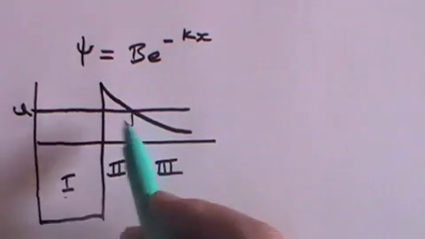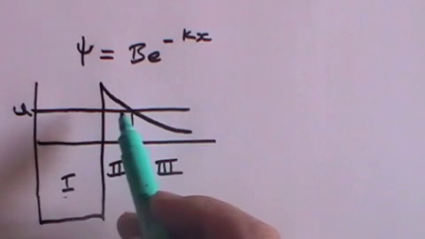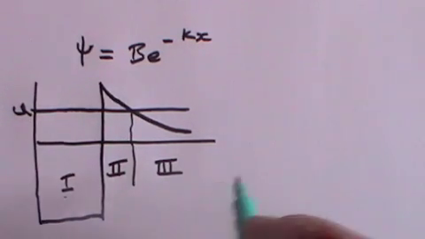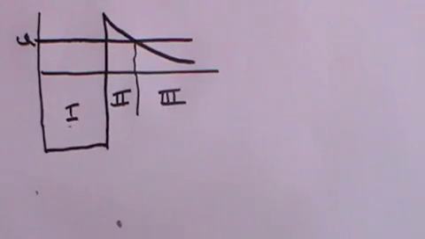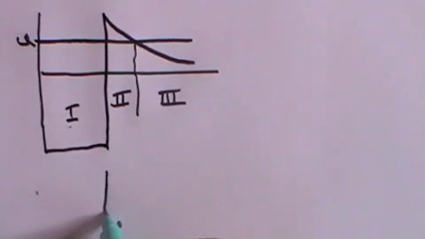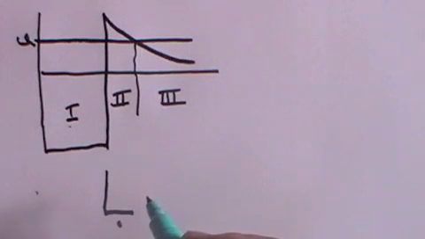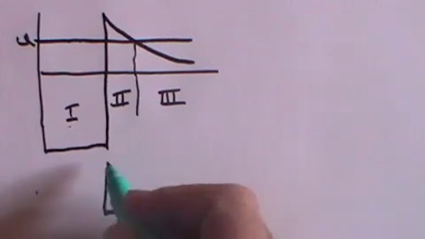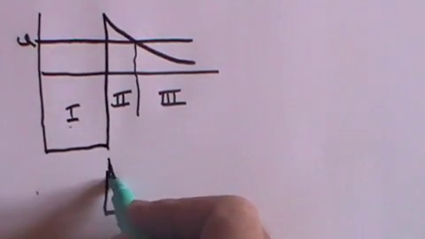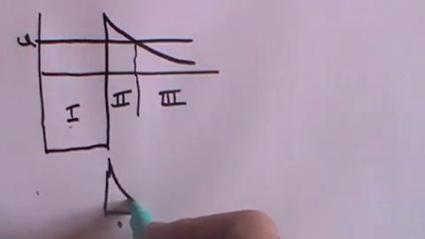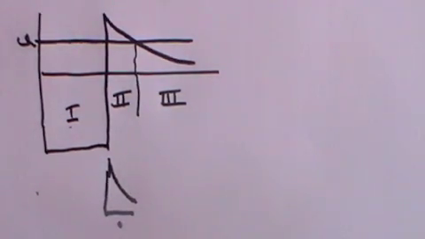We're talking about region 2 where the alpha particle can't classically go. What we're saying is that in that region, and only in that region, because we haven't worked out the wave function for 1 or 3, we've only worked it out for 2, we've got a wave function which decays exponentially.